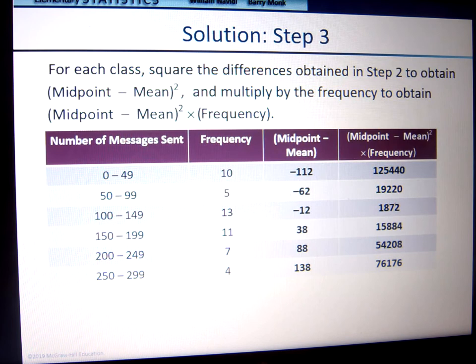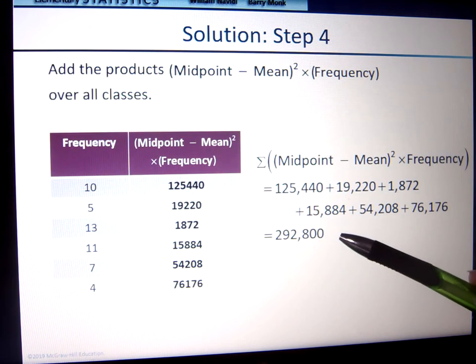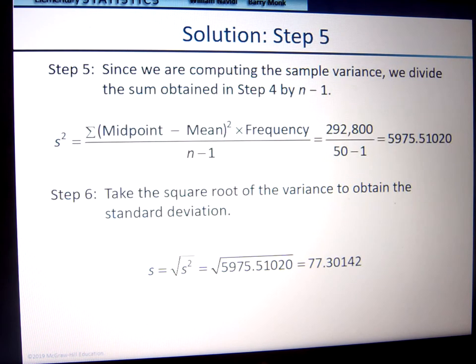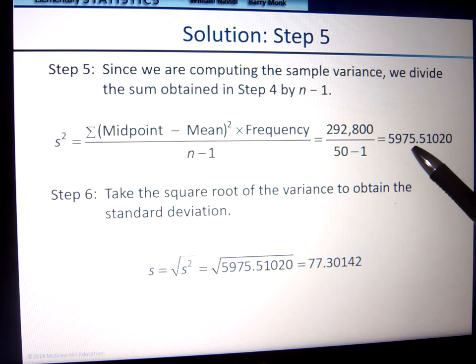After we square them, then we add them together. We get quite a large number here. And now we're going to divide that number by N minus 1 for the sample. And we get 5,975. And this would actually be 5,102 10,000ths if we got rid of the 0 on the end here.